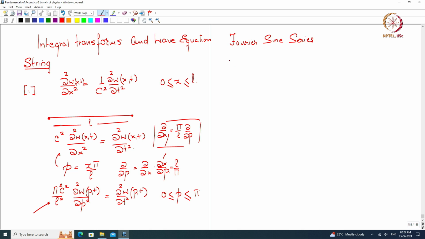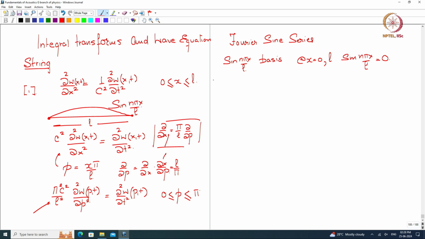Because we are going to use sine n pi x by L as a basis, and this basis at x equal to 0 is 0, and at x equal to L is also 0. So it fits the boundary conditions, and they form a good basis.